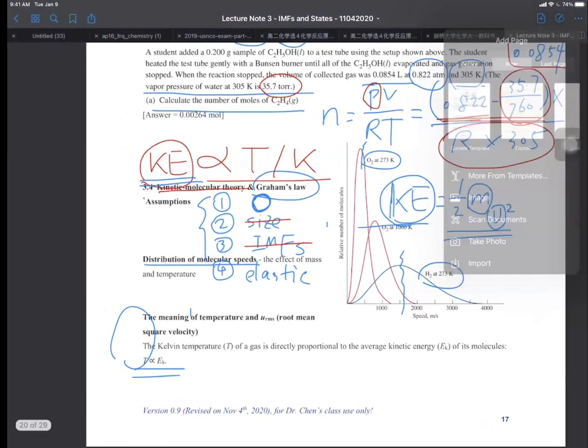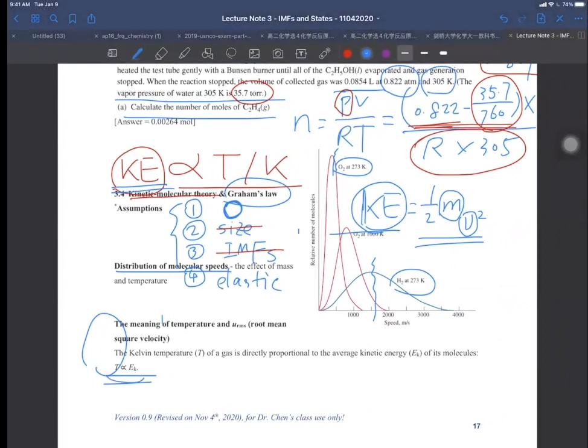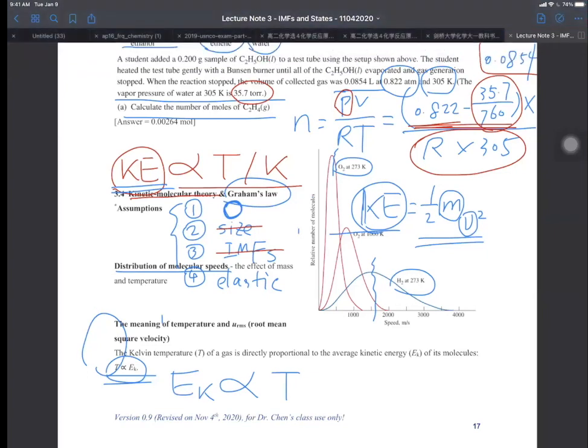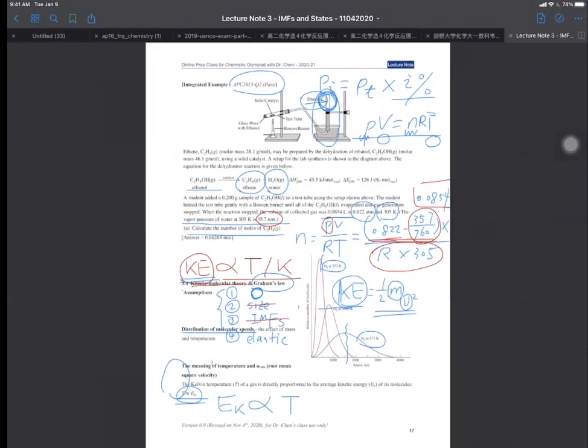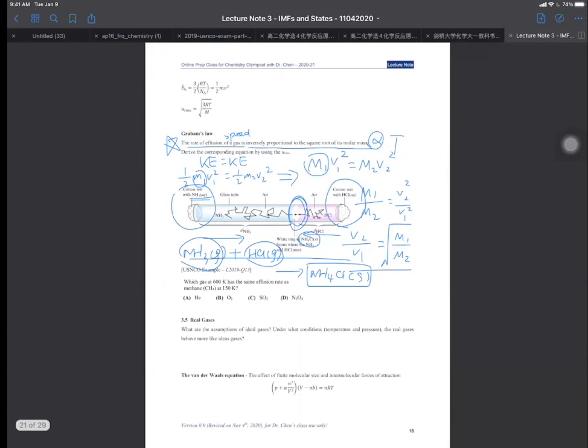So I would like to revise this part into EK is proportional to T, okay? Rather than T is proportional to EK, because we need to figure out what is the reason and what is the result. Okay, if you guys have no question, we will continue.